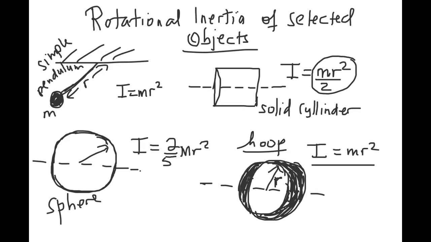So different objects have different rotational inertia. You can find more of these in your textbook. You'll see that different objects have different formulas or expressions for rotational inertia.